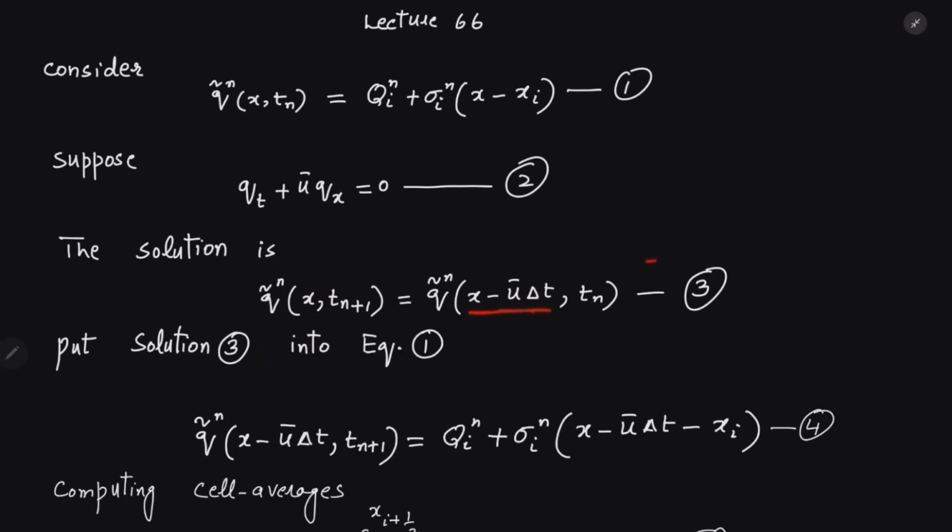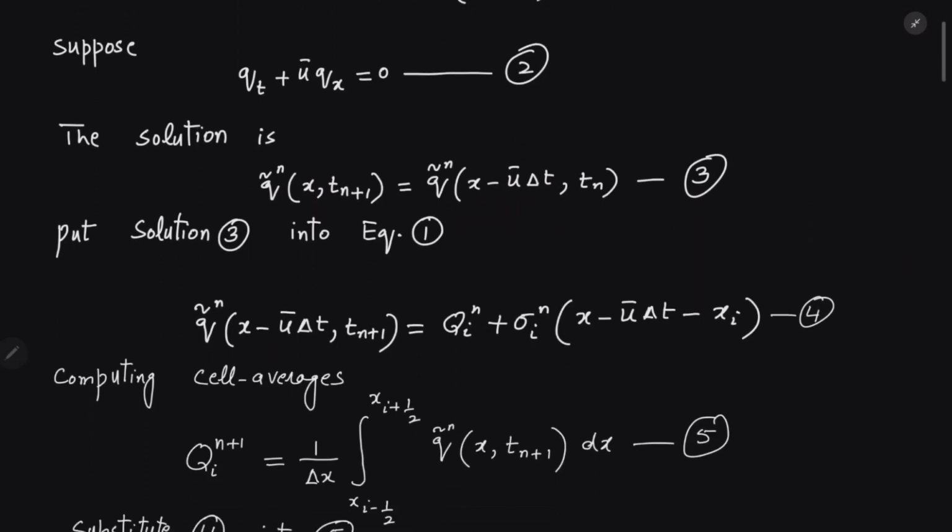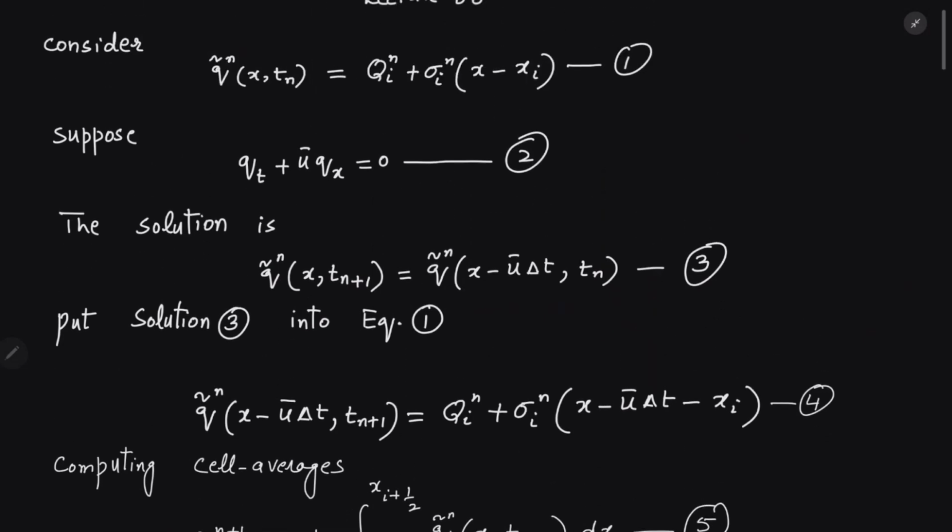So it means that the initial profile will just translate from left to right or right to left, depending on what u bar is. So that's what we write in the form of a solution. We replace this solution into equation number 1.